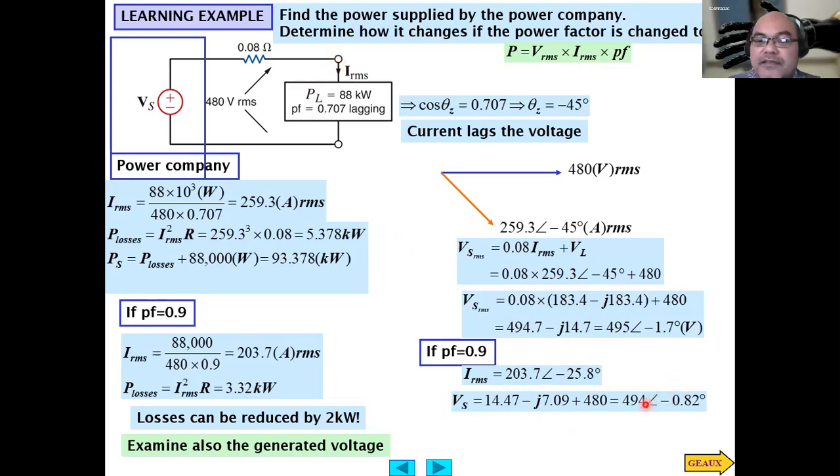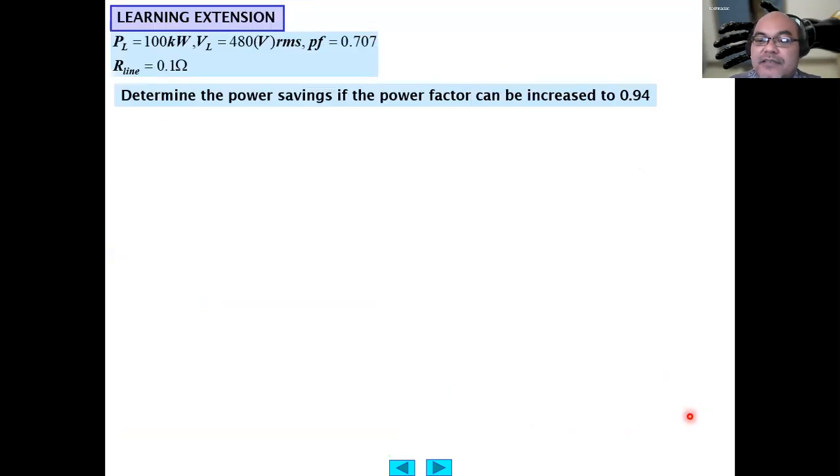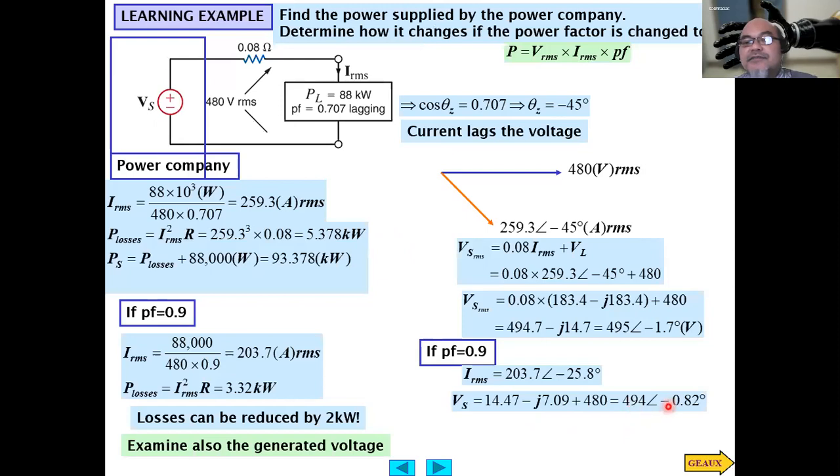Then we obtain the voltage source to be 494 volt with a phase angle of minus 0.82 degrees.